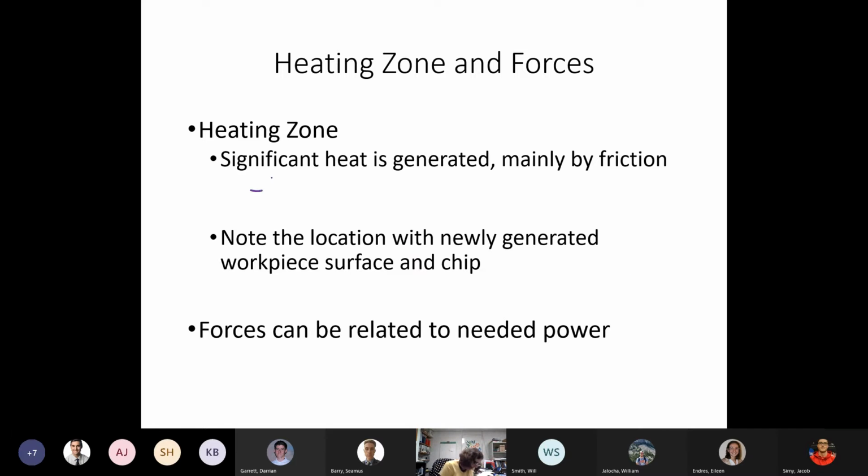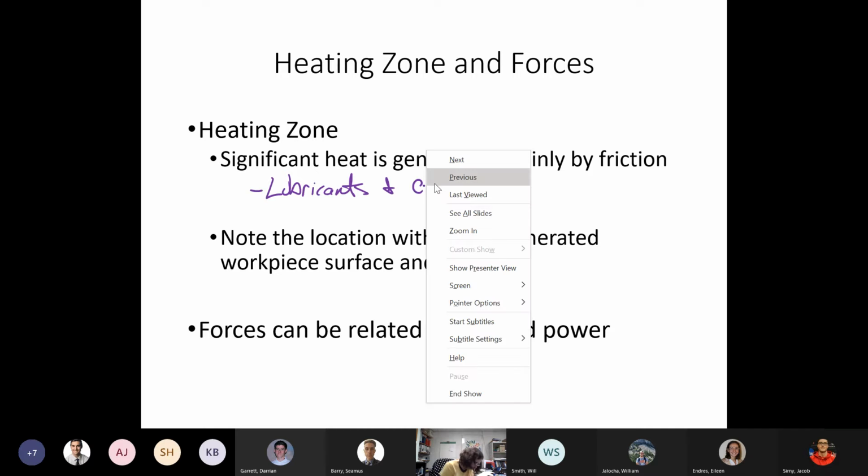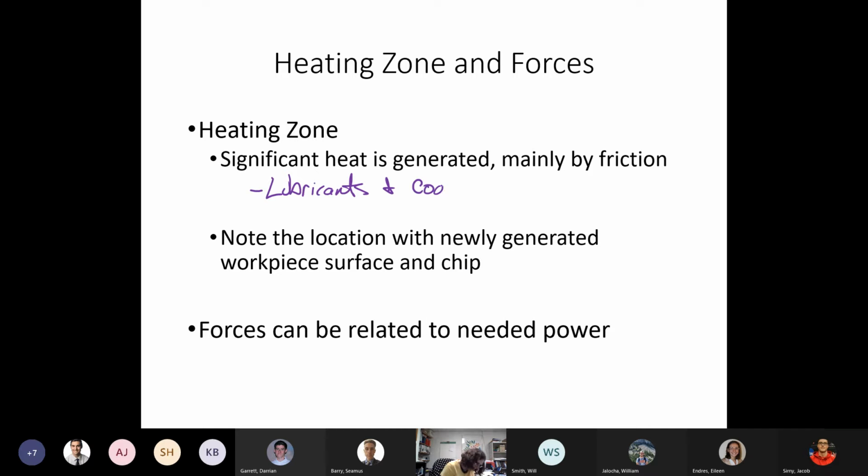Most of the time, we are going to use lubricants and cutting fluids or coolants, which can help. Some of the more common ones are oils. We also have a fair amount of other liquids. There are environmentally friendly coolants and lubricants that tend to be used more now.